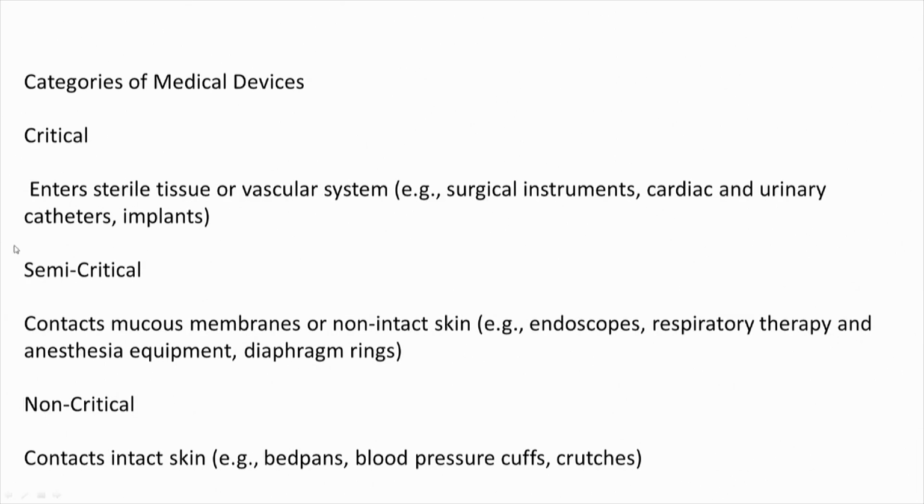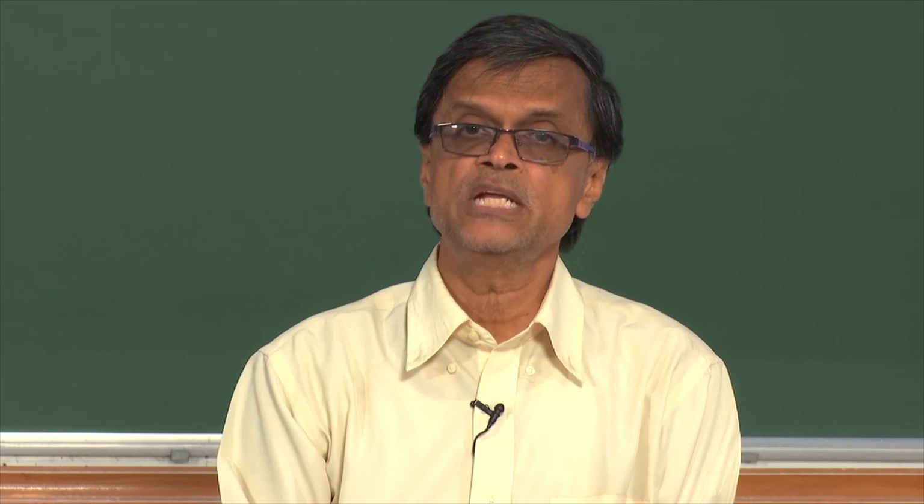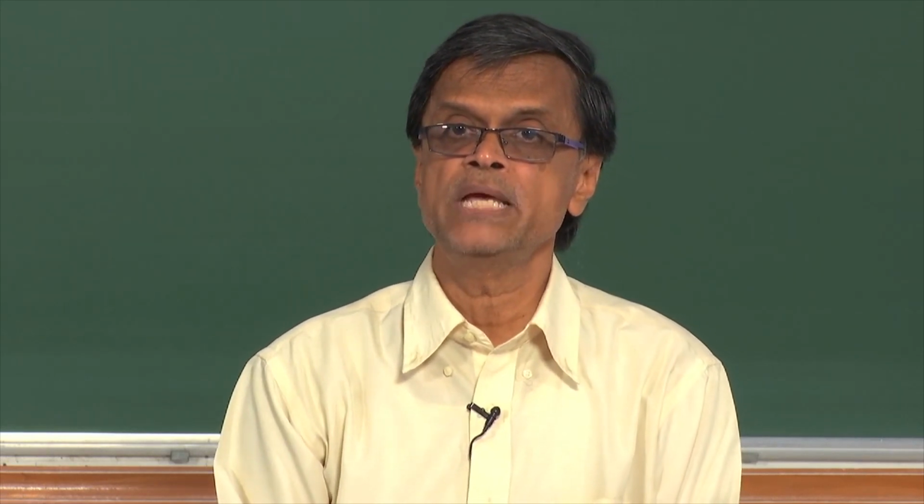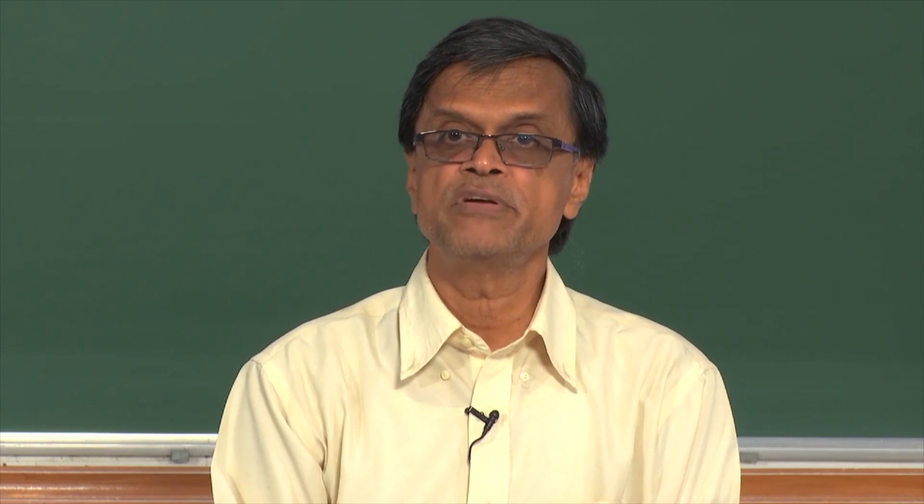If you look at categories of medical devices, there are critical, semi-critical and non-critical. Critical: sterile tissue or vascular system, surgical instruments, cardiac and urinary catheters, implants. Semi-critical: materials in contact with mucous membranes or non-intact skin, like endoscopes, respiratory therapy and anesthetic equipment, diaphragm rings.